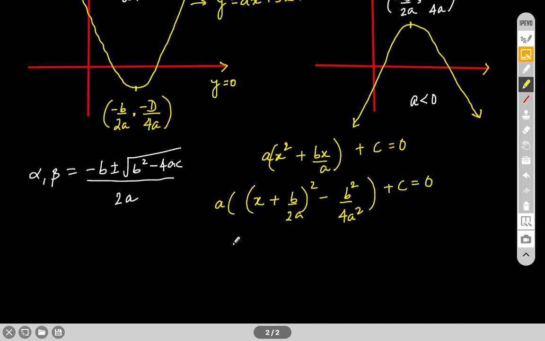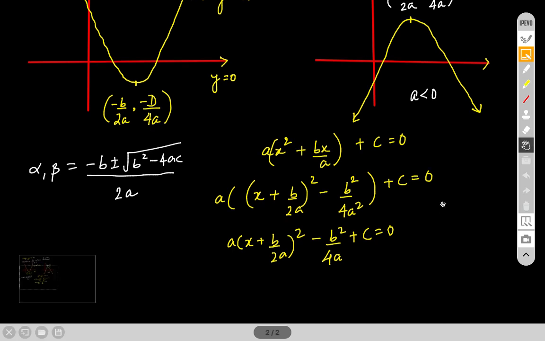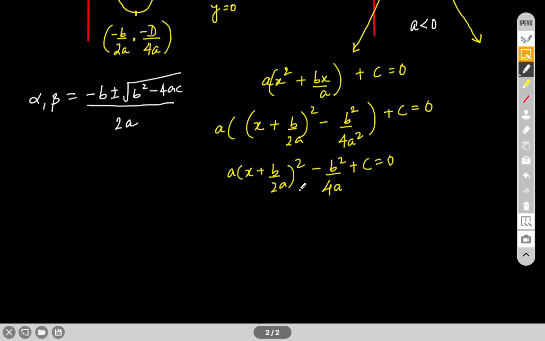If you multiply a back, it will become x plus b by 2a the whole square, minus b square by 4a, plus c equal to 0. Take this term to the other side.